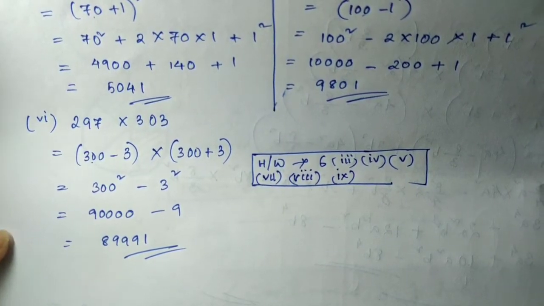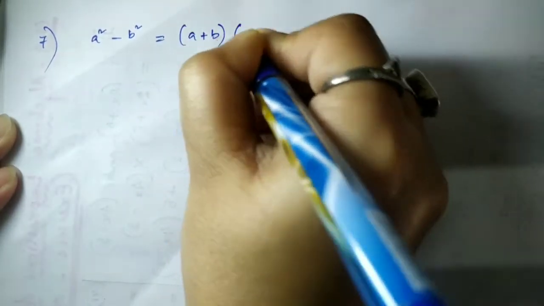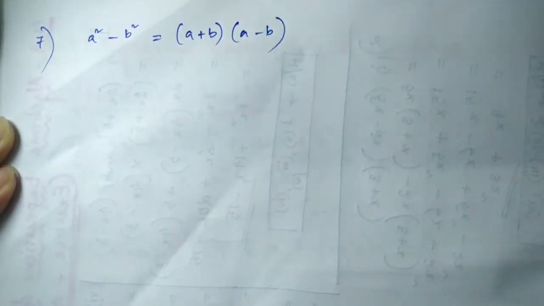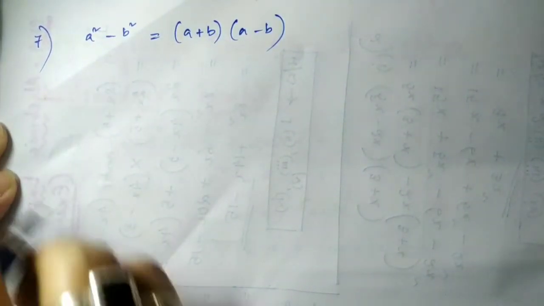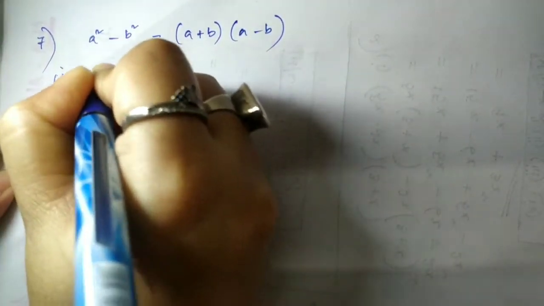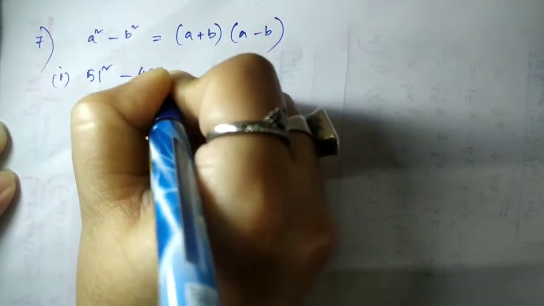Now let us move on to question number 7. So what's given in question number 7, let's see, is using the identity given. The identity, which one? A square minus b square equal to a plus b into a minus b. We have to use this identity and find out the value. So first one is given as 51 square minus 49 square.